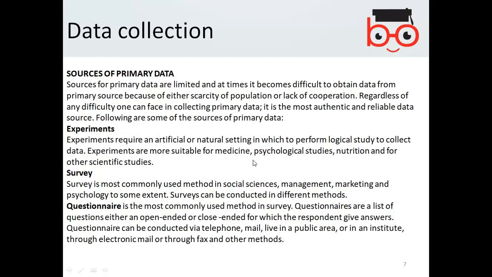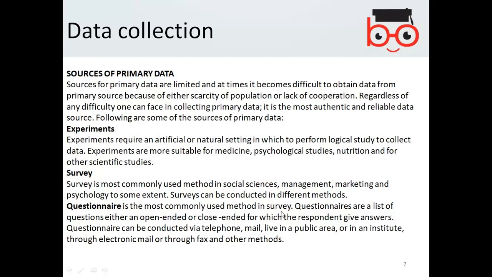So everything that comes under the experiment is a kind of source of data for your research. Survey is the most commonly used method in sociological research, management, marketing, and psychology to some extent. Surveys can be conducted in different methods. The questionnaire is the most commonly used method in survey.